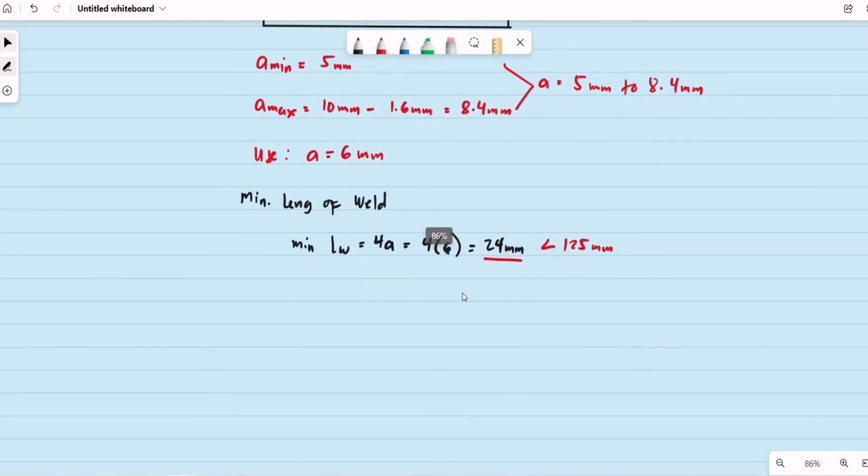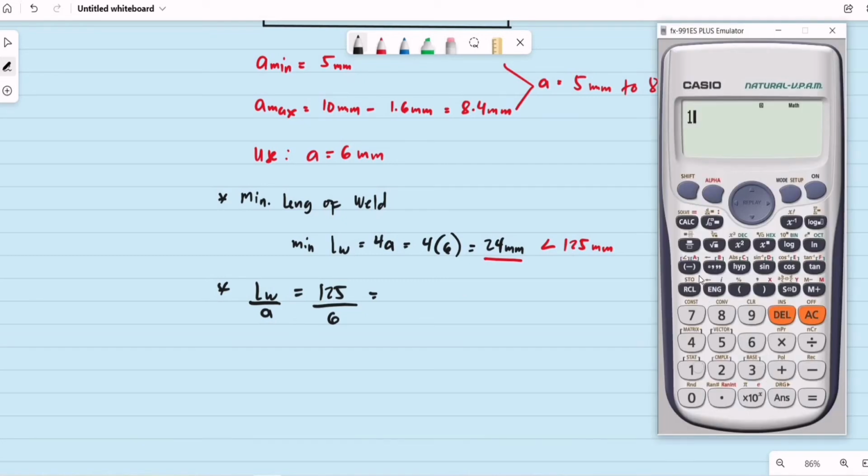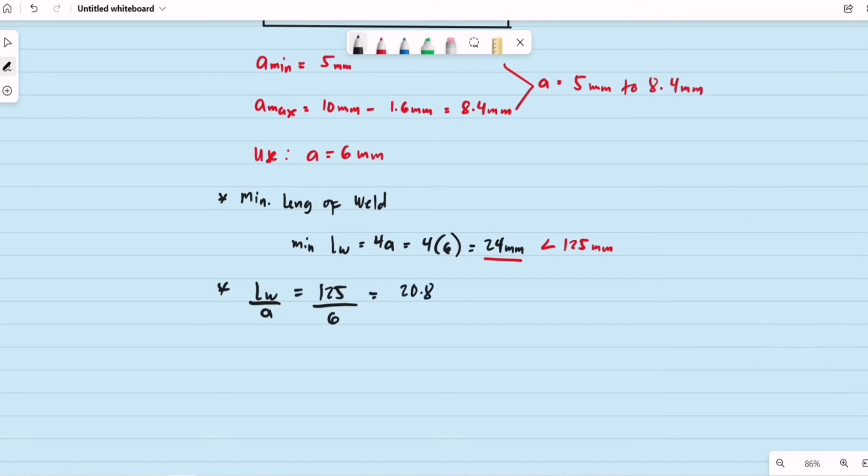Then for this example, we need to check the ratio of the length of the fillet weld to the dimension of the leg, that is L sub W divided by A. So this is 125 millimeters divided by 6, which is 20.83.